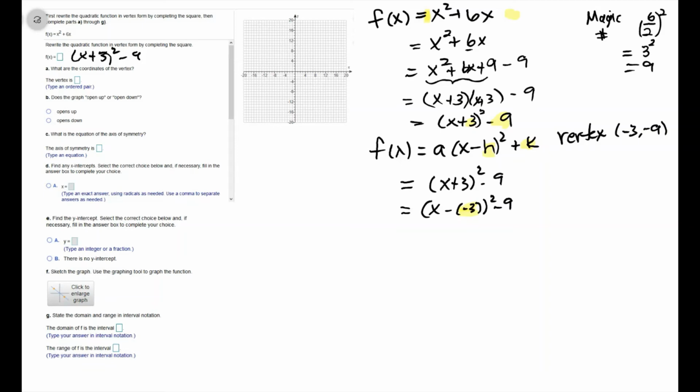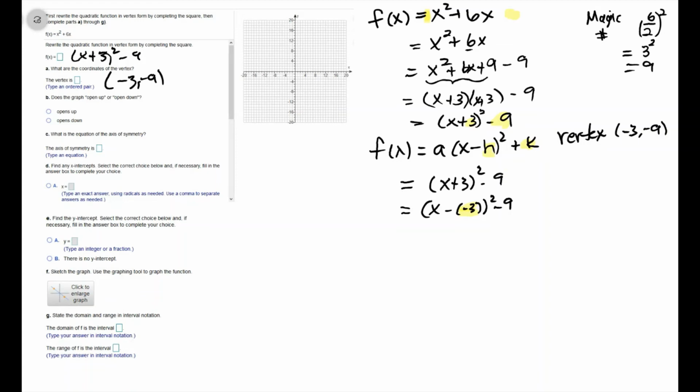That's a lot to kind of keep in your head, but you can always just keep in mind that it's the opposite of what you see there. So if you see a plus 3, you're going to use a minus 3 in your vertex. If it's a minus 3, you're going to use a plus 3 in your vertex. So our vertex is -3, -9.